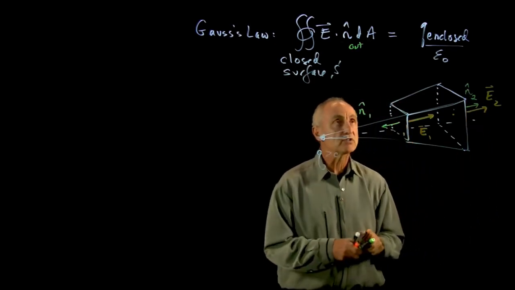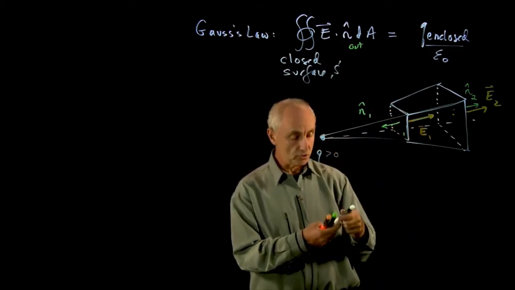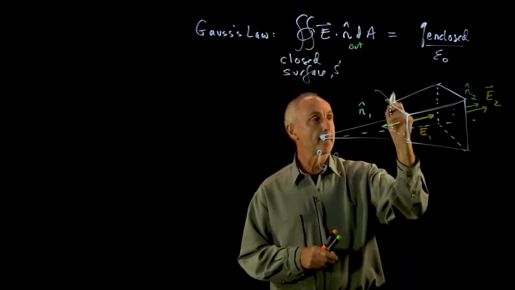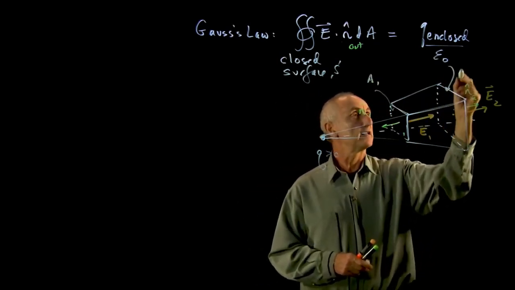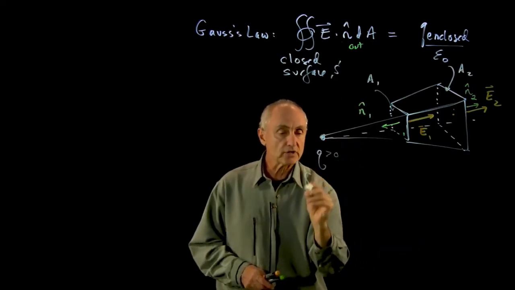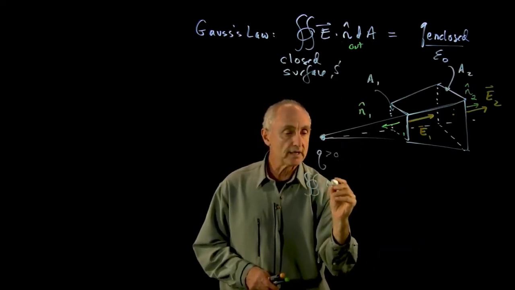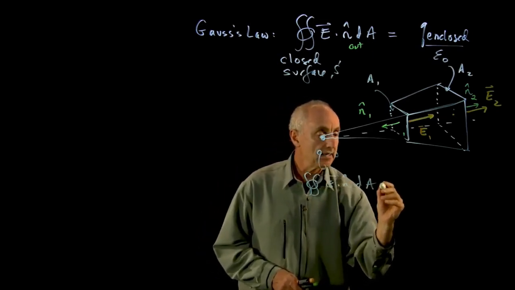So right away, we see that if we want to calculate the electric flux through these two areas, and let's call this A1, and this one is A2, so the electric flux through this particular closed surface, E dot n hat dA. Now here's the key thing.